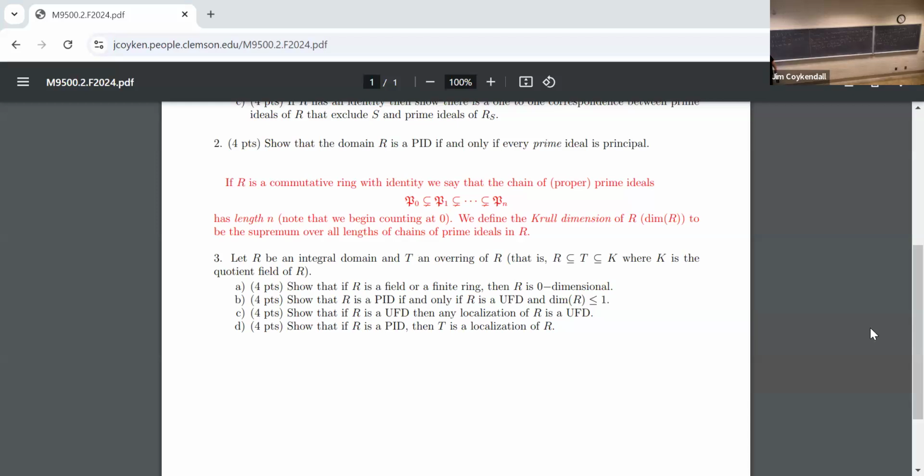It's kind of the same game we played with Noetherian. Let's suppose U is generated by X1, X2, through XM.